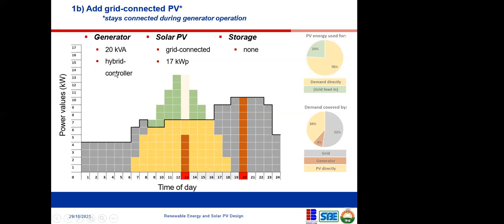You have a hybrid controller. Okay. Now, in this next case, it is assumed that even if the grid fails, now look at what we have here, stay connected during generator operation. So even if the grid fails, your inverter can combine the power supply from your generator and the solar. It can combine both of them and they supply you.